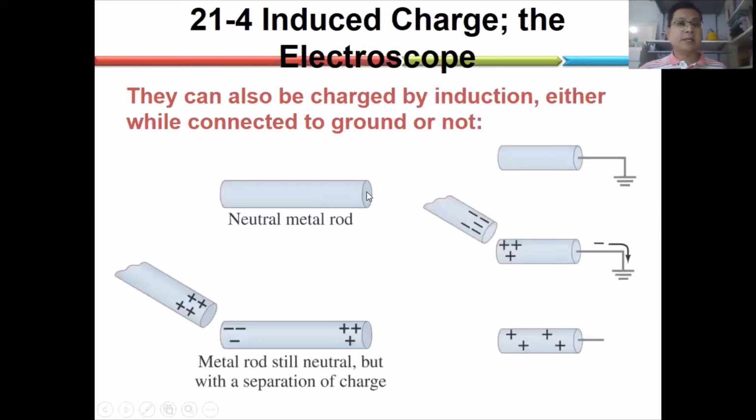And then, induced charge: the electroscope can also be charged by induction, either while connected to ground or not. A neutral metal rod can be connected to the ground or not. With a conductor material, we can guide the electrical charge to the ground by connecting the conductor.